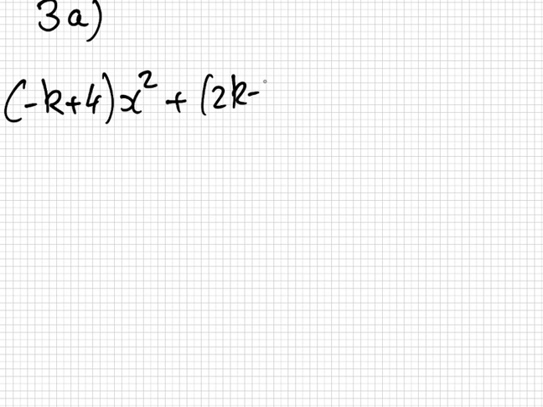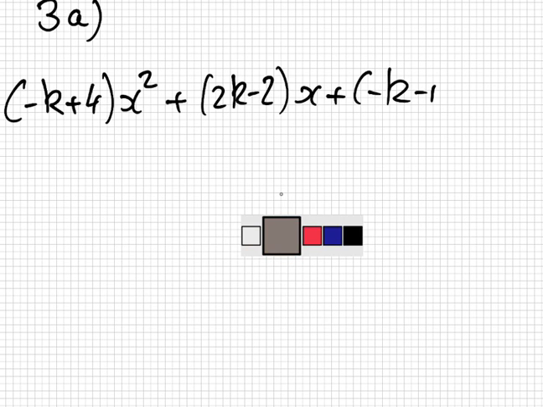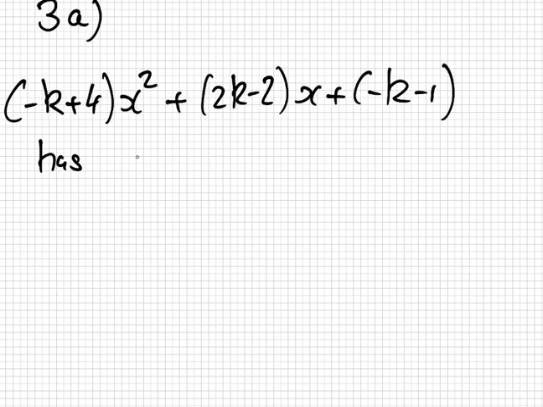So I tell you, minus k plus 4x squared plus 2k minus 2x plus minus k minus 1, has only one root.